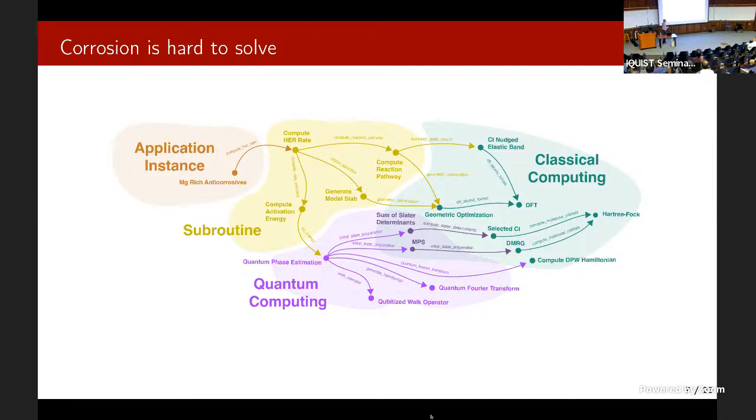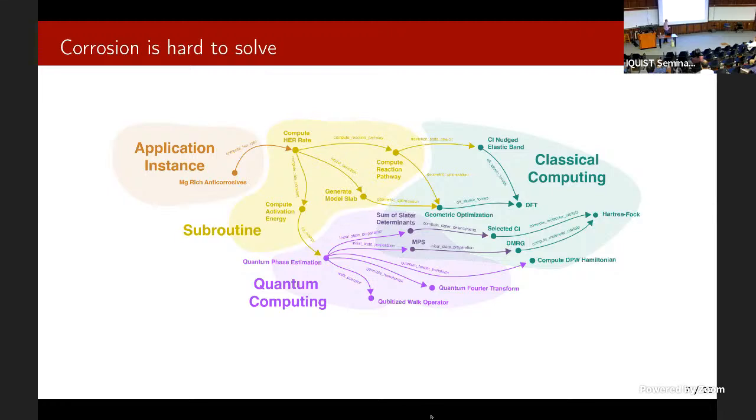This whole set of calculations is one way that you might think of developing a new magnesium-rich anti-corrosive coating. It's not the only way, but this shows the complexity when you start with, I want to solve a big problem. It's more than just one sort of physics problem. There's lots of physics going on in here.